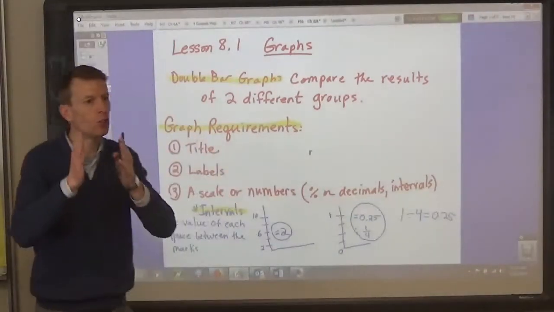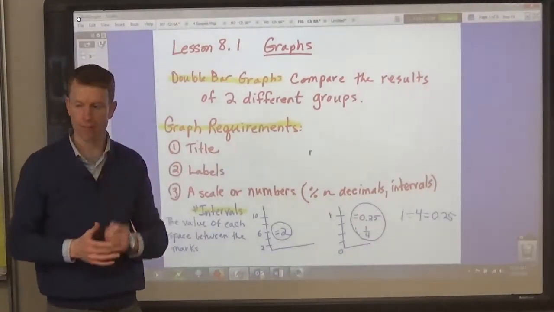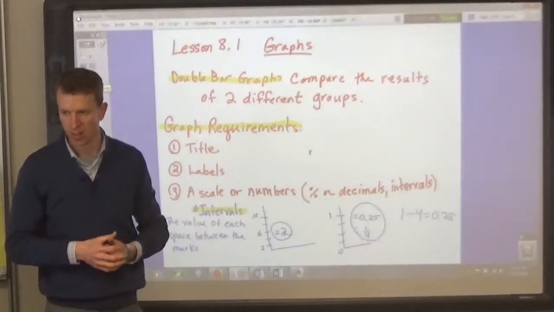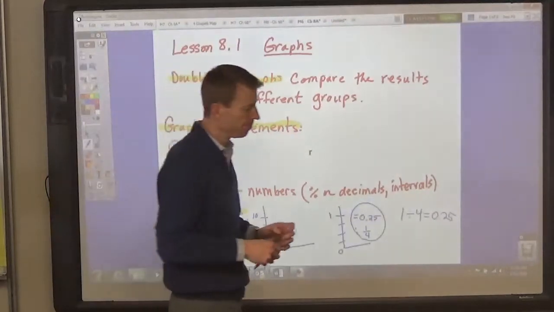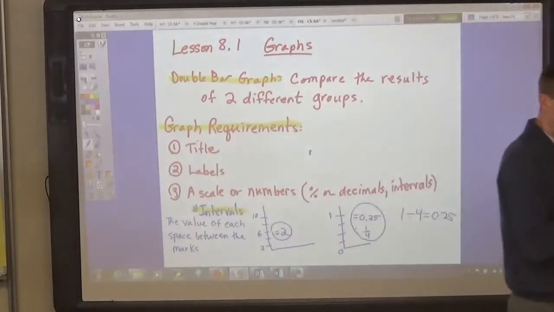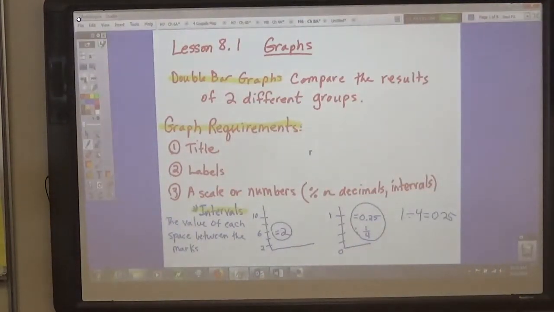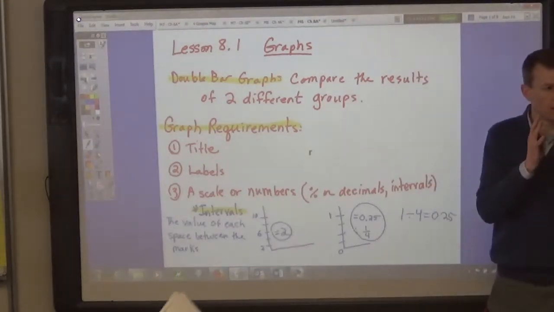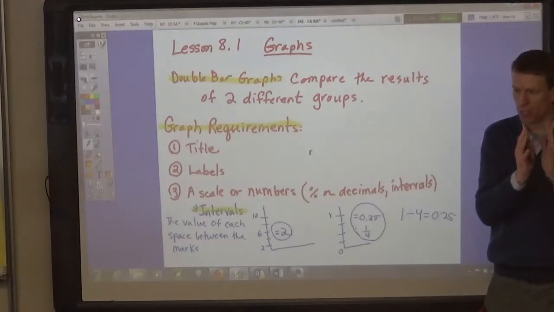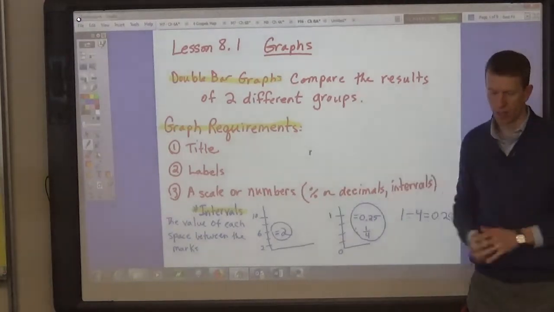Yeah, the results of two different things, to compare those two different things, maybe over time or in different categories.